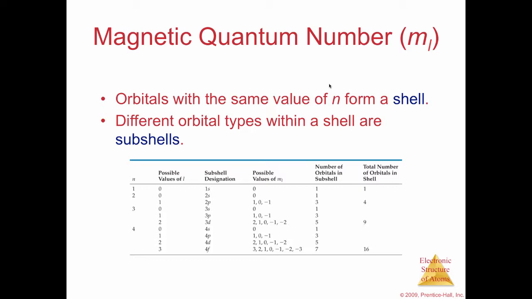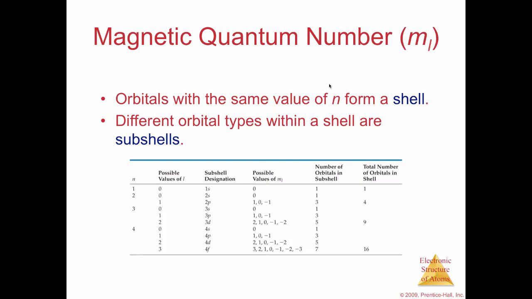We have 5 different d orbitals. So those 5 different designations for m sub L are 2, 1, 0, -1, and -2. And then there's 7 possible values or orientations for the f orbitals. So those values would be 3, 2, 1, 0, -1, -2, and -3.